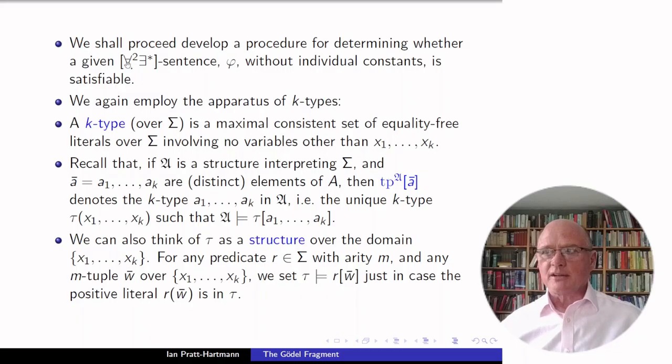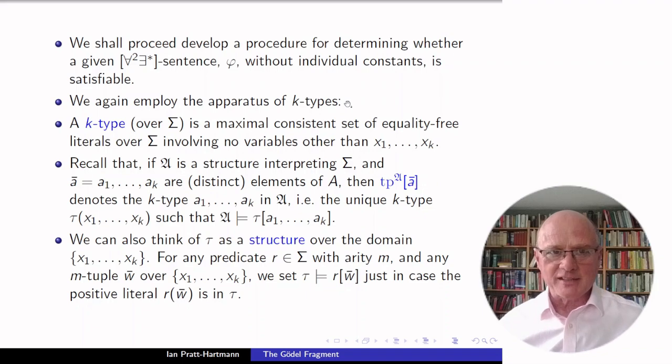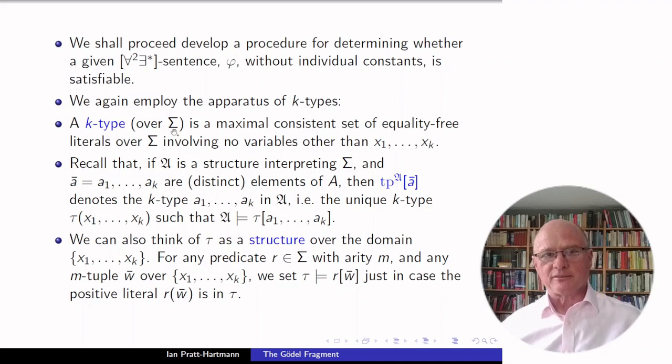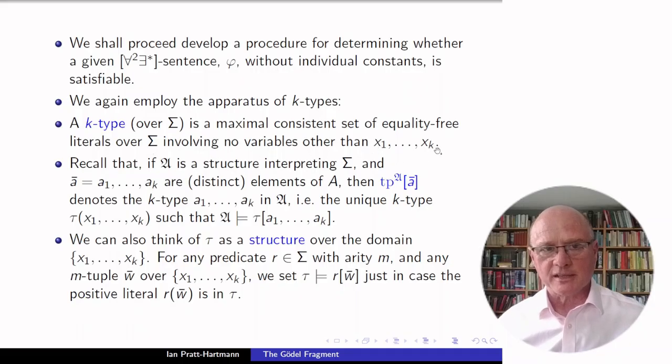Now, we're almost ready to develop a procedure for determining whether a given sentence in the Gödel fragment, or this subfragment of the Gödel fragment without individual constants, is satisfiable. As so often in these lectures, we'll be employing the apparatus of k-types. So remember that a k-type over a relational signature sigma is a maximal consistent set of equality-free literals over sigma involving no variables other than x1 up to xk.